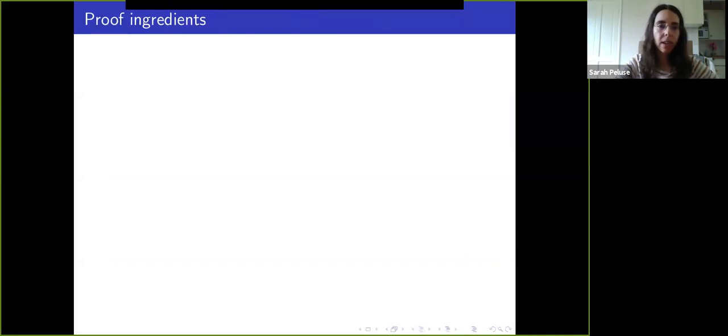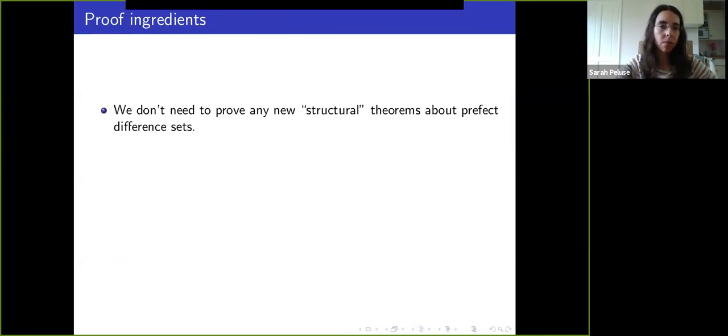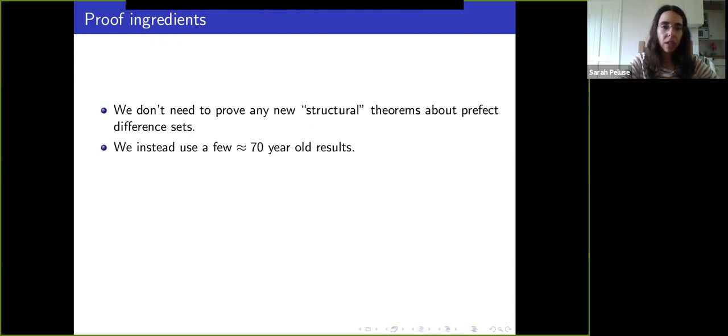So how do you prove something like this? An important point is that I don't prove any new structural theorems about perfect difference sets. All that I use are a few 70-year-old results about perfect difference sets.